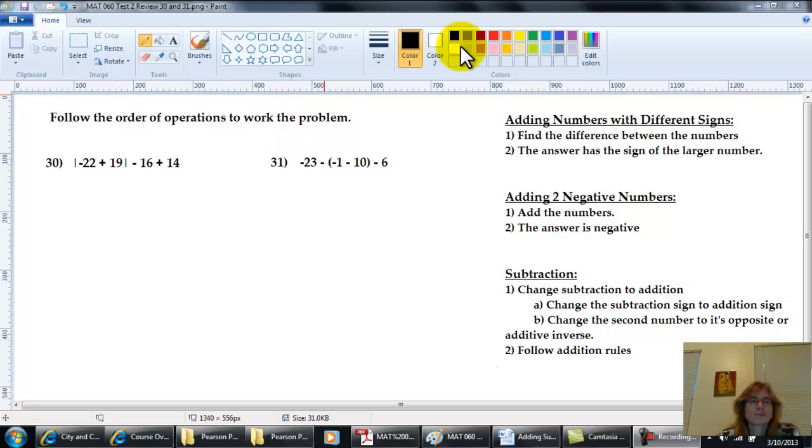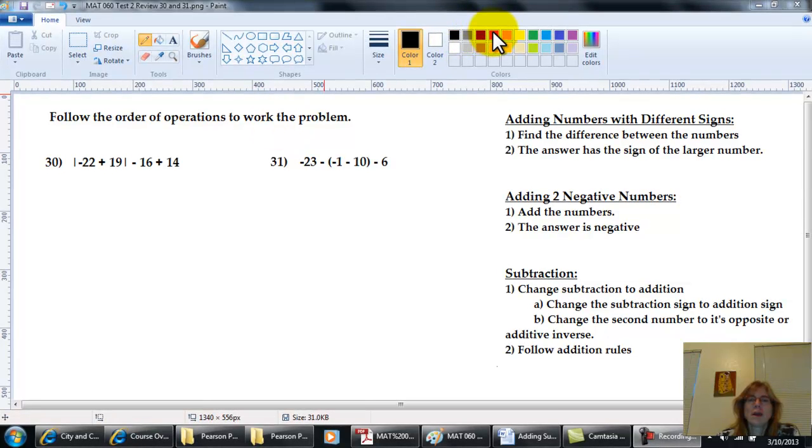they come first. So then we have, moving left to right, but using our order of operations by solving what's inside the absolute value signs first. Negative 22 plus 19.